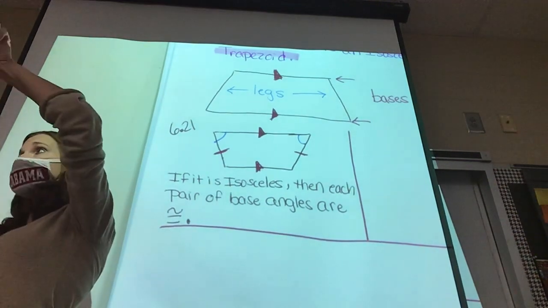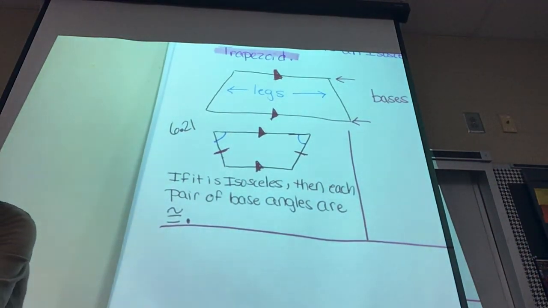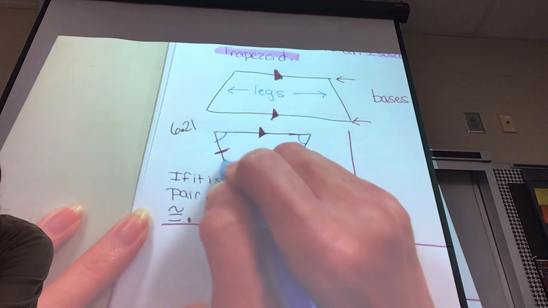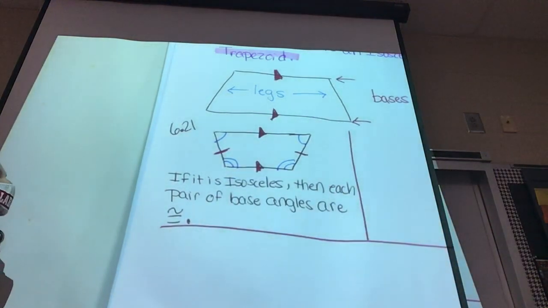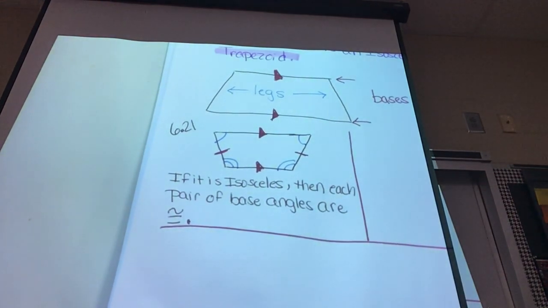The top two are congruent, and the bottom two are congruent. So now these two are congruent. So the two on the top are congruent to each other, and the two on the bottom are congruent to each other. Now that's only if it's an isosceles. If it is an isosceles, then each pair of base angles are congruent.